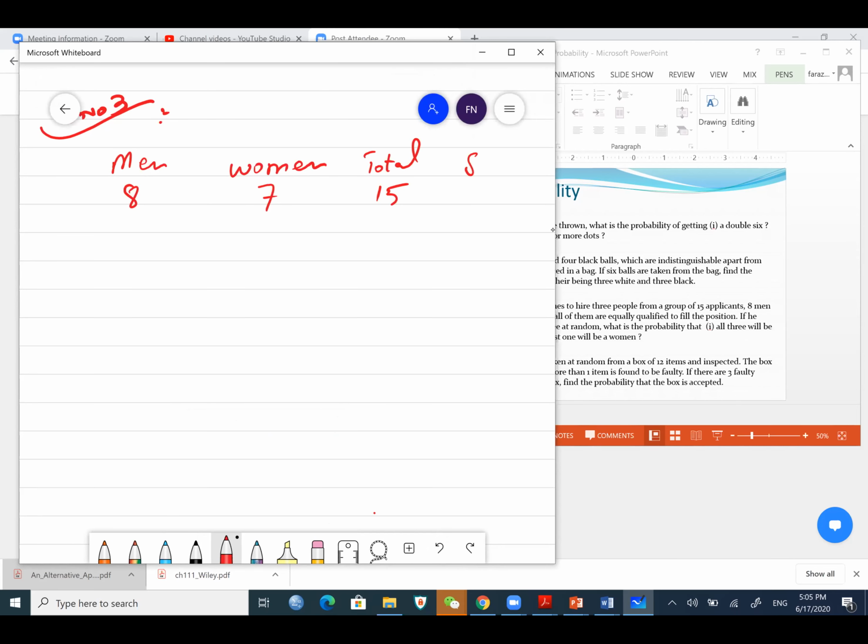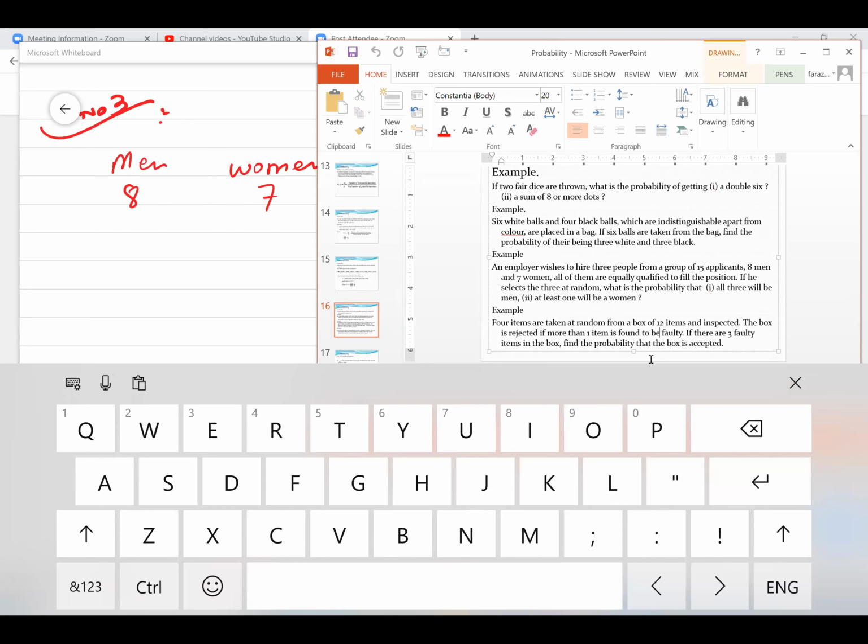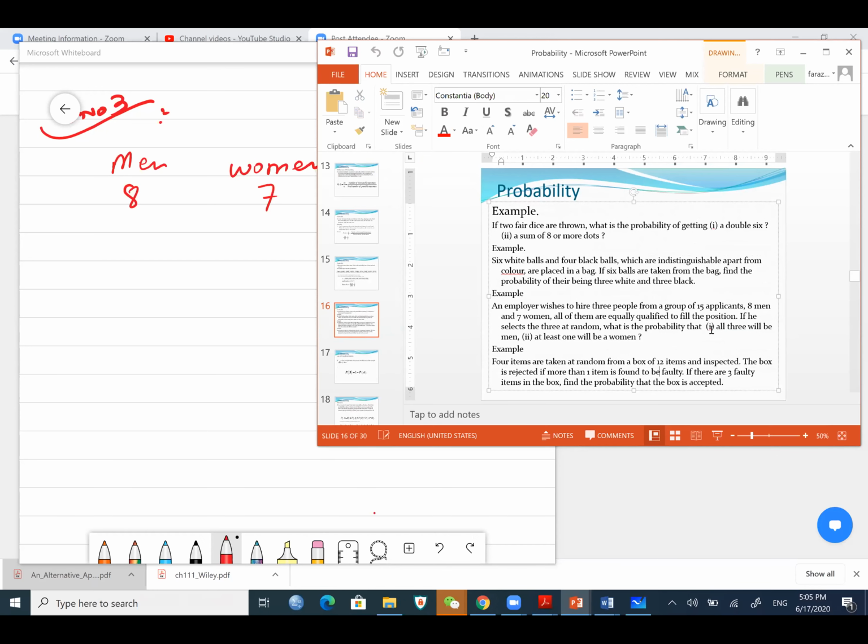They want to hire, or so-called select, 3. Then all of them are equally qualified to fill the position. If he selects the 3 at random, what is the probability that all 3 will be men?